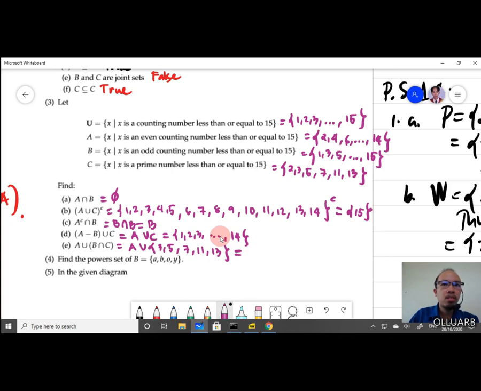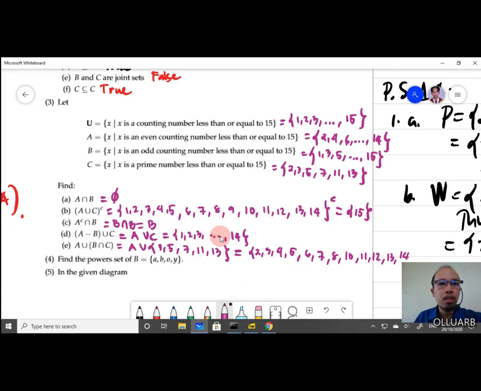Okay, then get the union. So we have 3, 5, 7, 11, 13 union with A. So 2, 3, 4, 5, 6, 7, 8, 9 is not an element here. 10 we have in A. 11, 12 is an element of the set A. 13 we have, then 14.